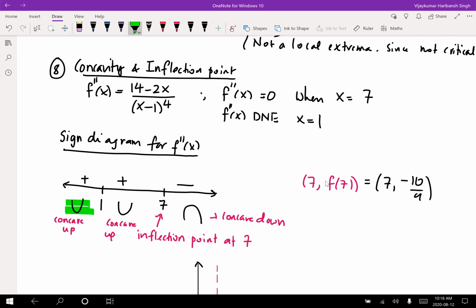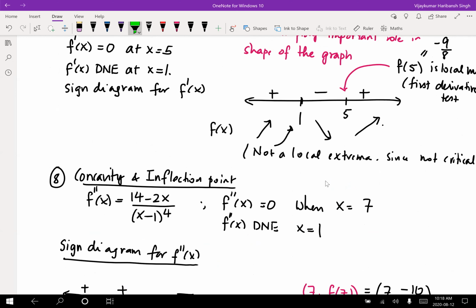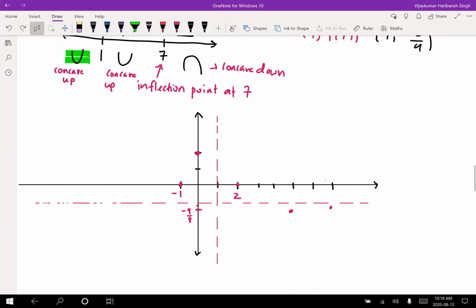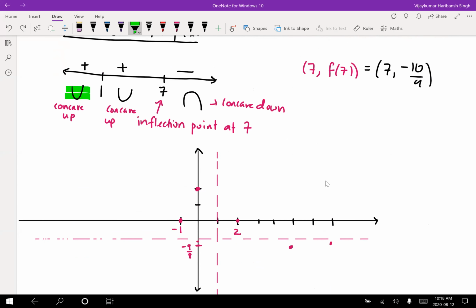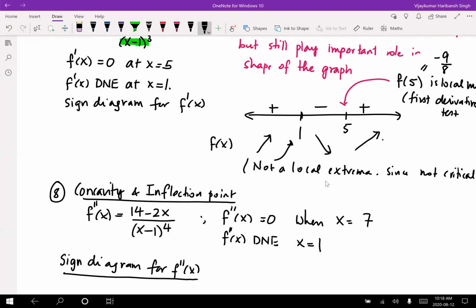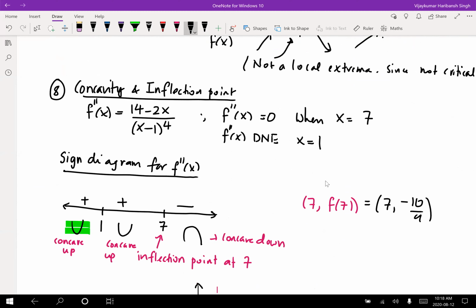So I'm patching up this information. Before -1, the function is increasing and concave up. Up to 1, the function is increasing and also concave up.